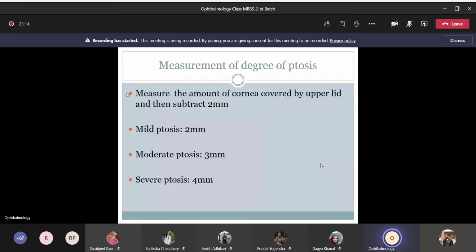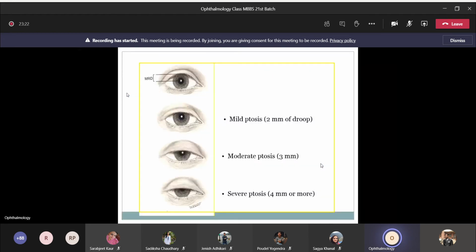If it's 3 mm, it is moderate ptosis. And if it's 4 mm or more, it is severe ptosis. This is the picture of the normal eyelid where the upper lid covers about 2 mm of the cornea. If it covers up to here, it is 2 mm of drooping, then it is mild ptosis. And this is 3 mm, moderate. And if it covers 4 mm or more, it is severe ptosis.